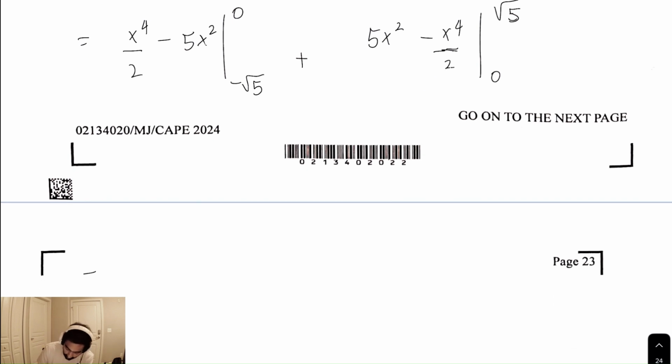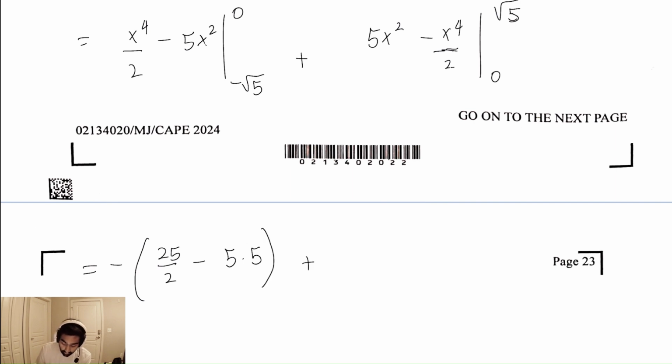So now if I just put these in, the zeros are going to be 0. So here it's going to be minus, and then square root 5 to the power of 4 is just 5 squared, so it's going to be minus brackets 25 over 2 minus 5 times 5, because x squared is going to be 5. And then plus, again the 0 term is just going to be 0, so plus 5x squared is 25 because x squared is 5, and then minus x to the 4 is 25, so minus 25 over 2.